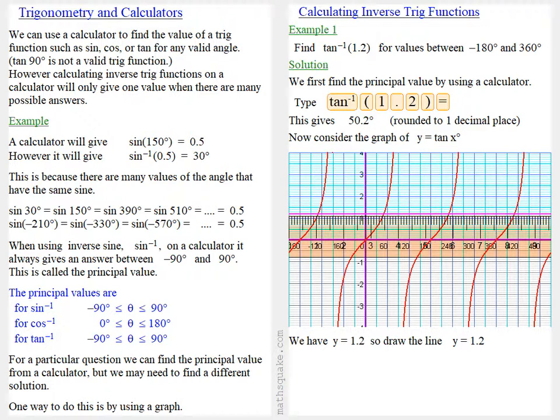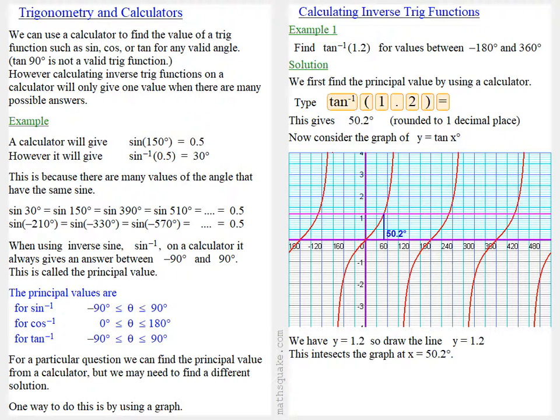Now, we know this intersects the graph at 50.2, and we can see that. But the line also crosses the graph at other points. One of those is 50.2 plus 180 degrees. Another is 50.2 plus 2 times 180 degrees. Another is 50.2 plus 3 times 180 degrees, and so on.